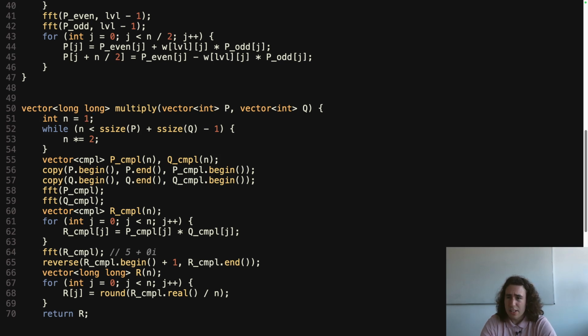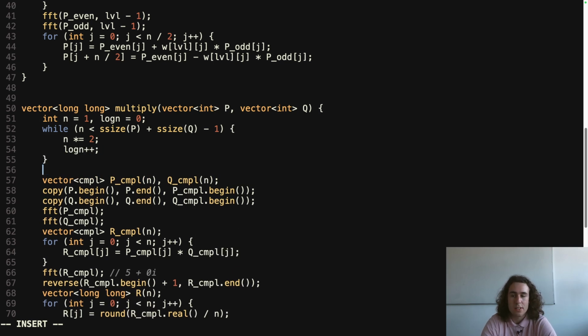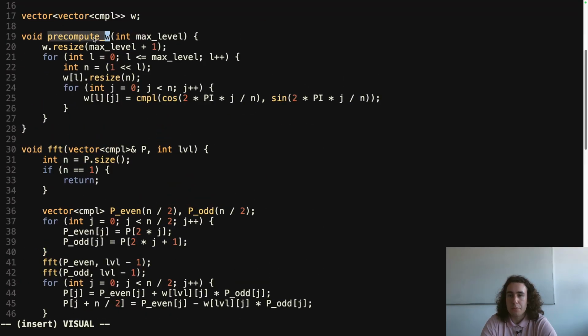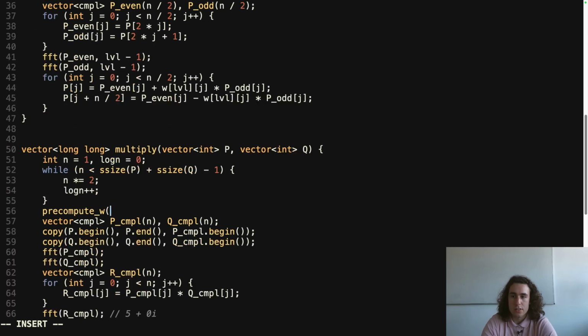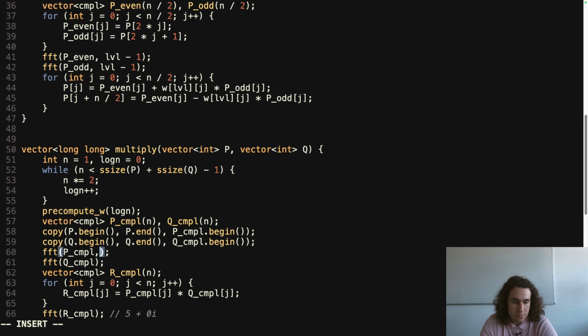So we not only need n here, but also log n. Log n is 0, and then log n is increased by 1. And then we just run the pre-computation from this value log n. So in the multiplication, we just initially pre-compute all the roots of unity, and then we can use them. And where do we start from? We start from this log nth level.